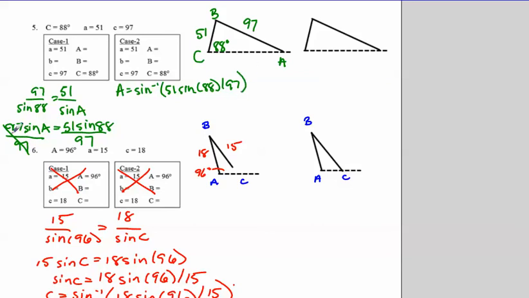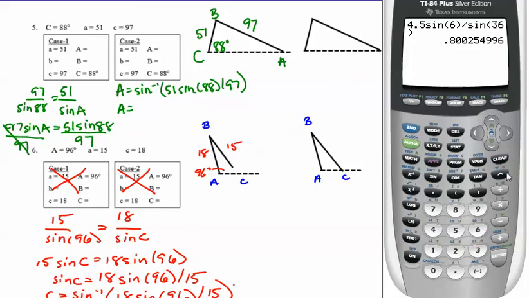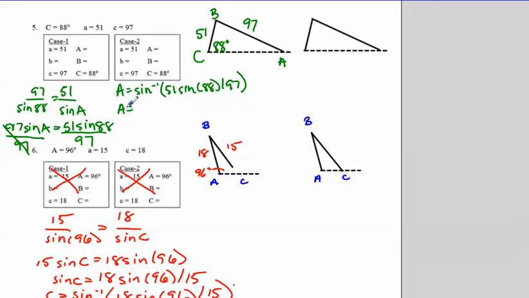So we should be able to type all of that in at once and find angle A. Inverse sine, 51 sine 88, close your parentheses and divide by 97 and close your parentheses again. Okay, so we get angle A is about 32 degrees because we're rounding to the nearest integer.